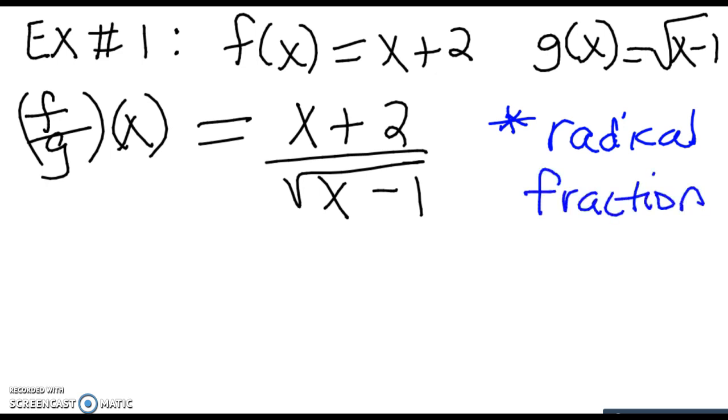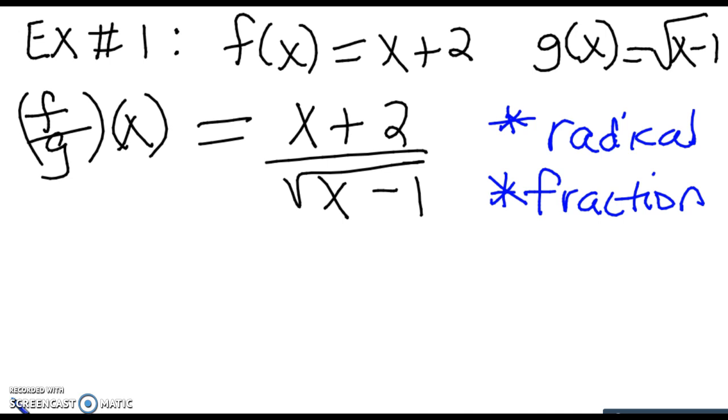All right? We know we can't take the square root of a negative number and still get a real number as the result. And we also know that dividing by 0 is an undefined operation.